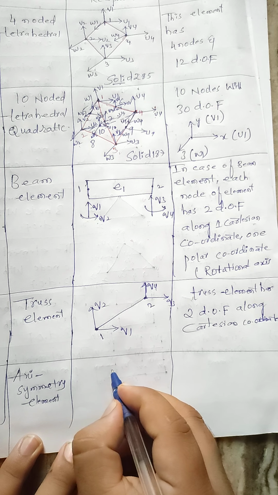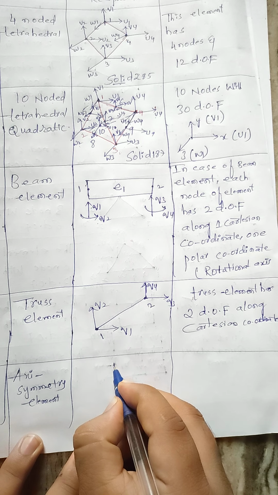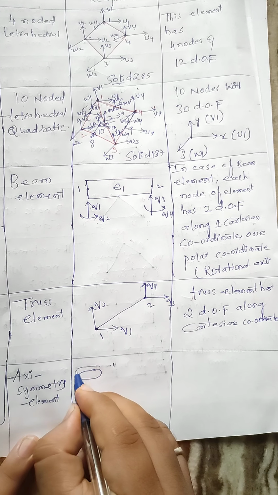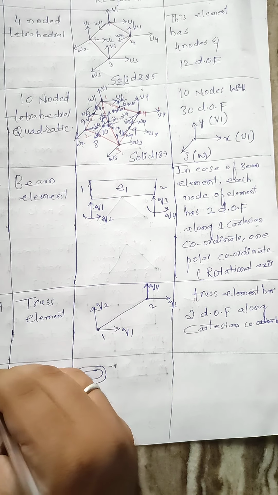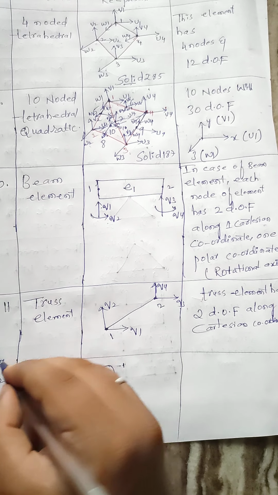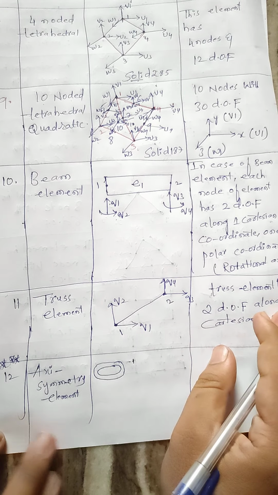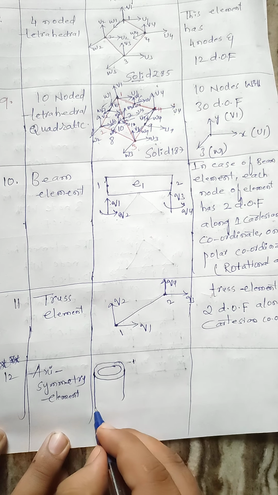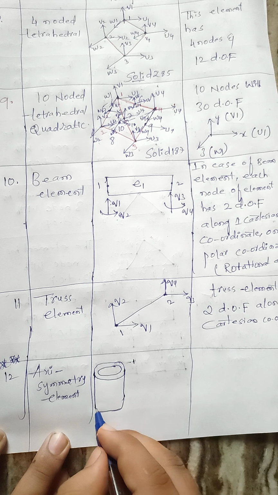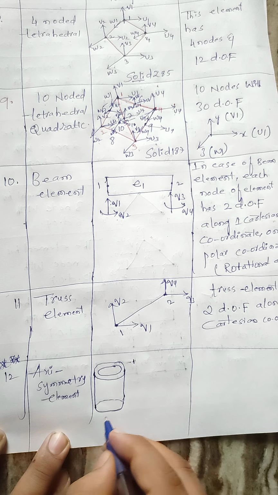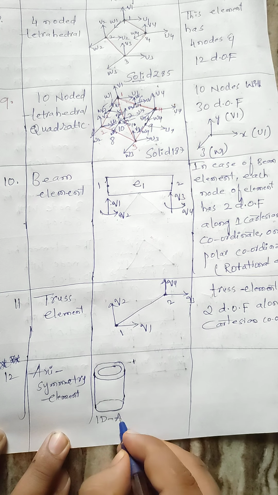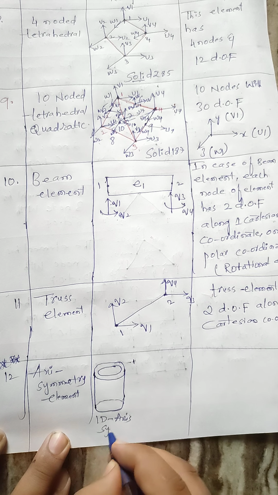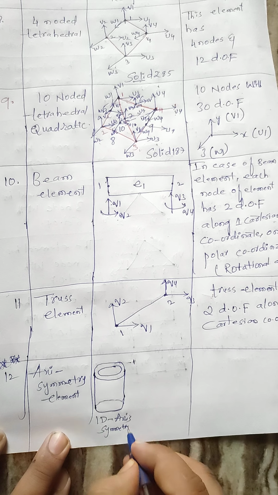Let us see. According to the examination point of view, this is the most important. Sometimes it is asked for 2 marks. One dimension Axisymmetric Element.